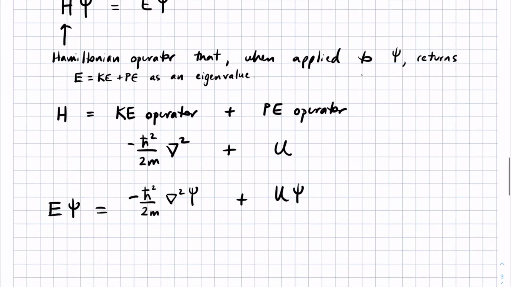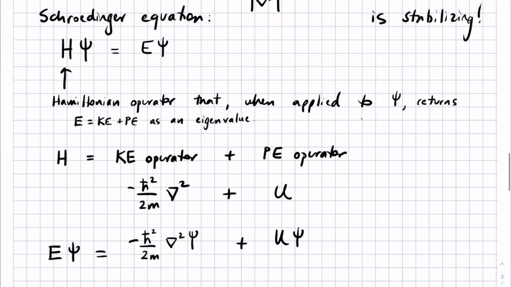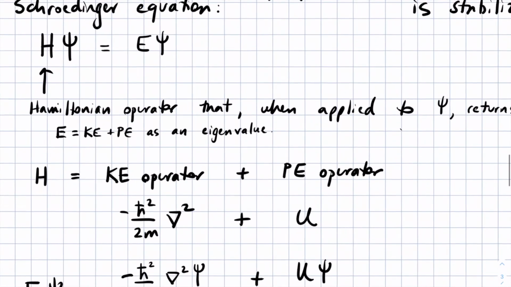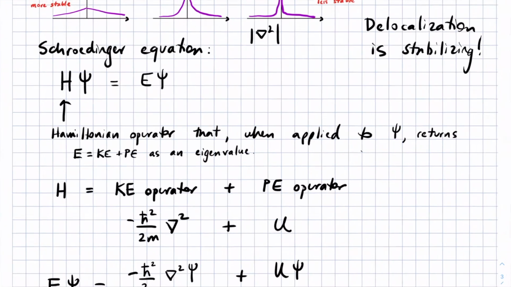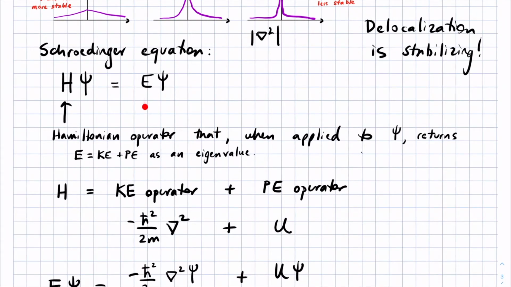All right. So now let's go to the most famous of chemistry equations, the Schrodinger equation, which tells us that if you apply the Hamiltonian operator, which we're just representing with H, this is some function, some math that we can apply to the wave function, it will return an energy value times that wave function.